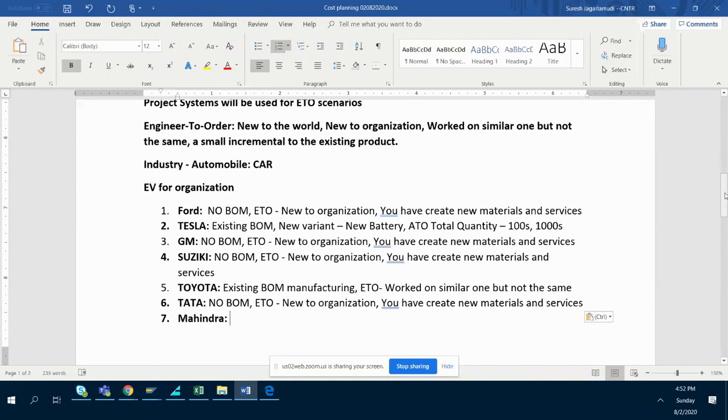So what are they going to do? Similar products are known to them, but if they wanted to use similar technology in their other Mahindra products, like the SUVs, the 500, 300, 100 series, Xylo and other platforms, what do they have to do?